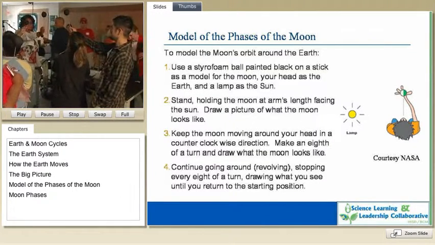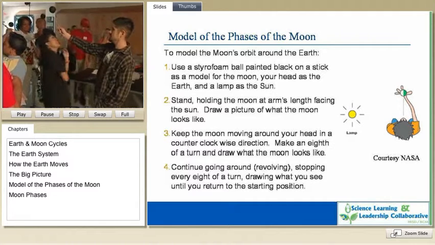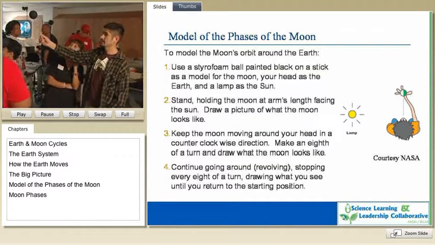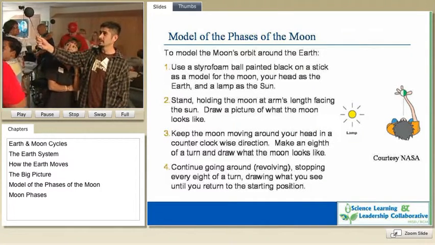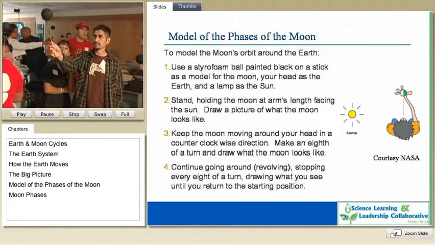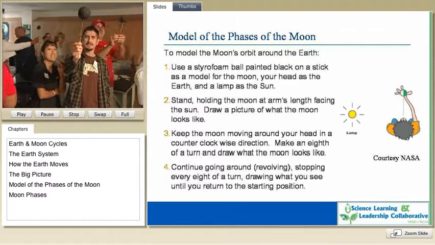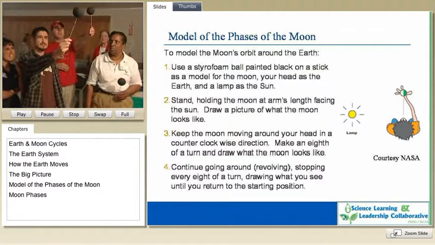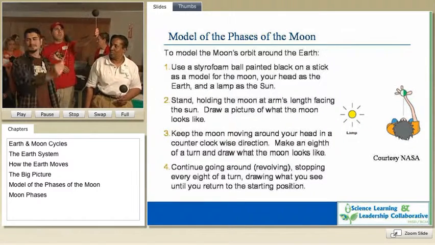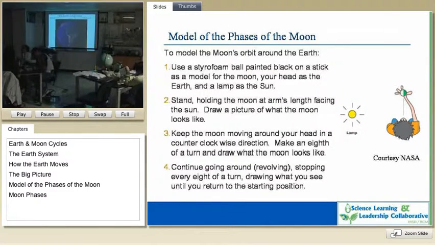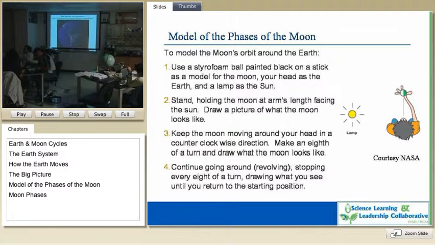I asked about the lamp back there. It would be better if we could do it in total darkness. How'd your deal go? 40 people, wonderful. Really exciting. Good. It helps? Okay. All right.